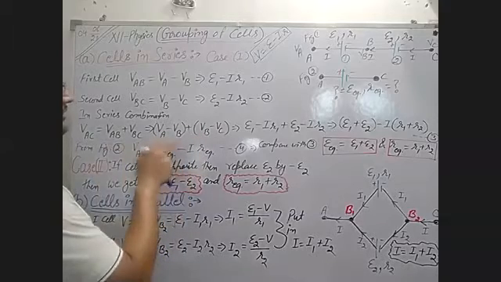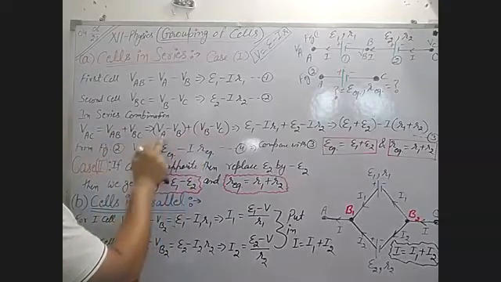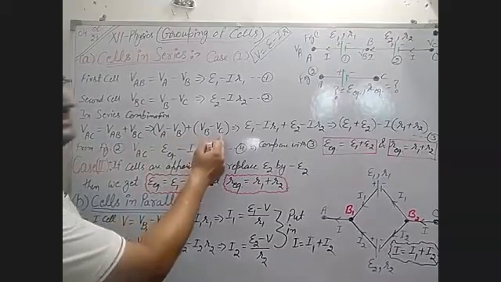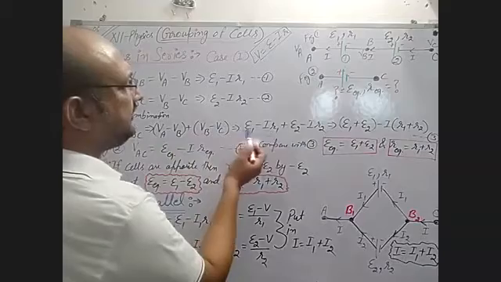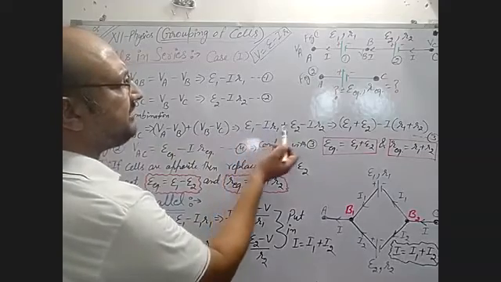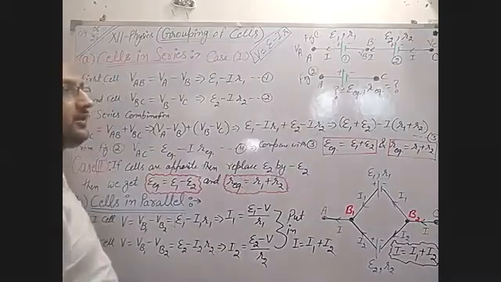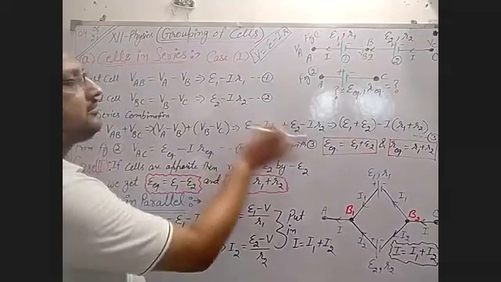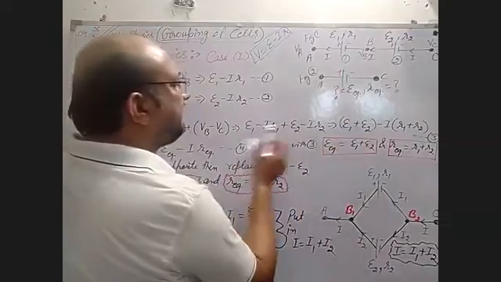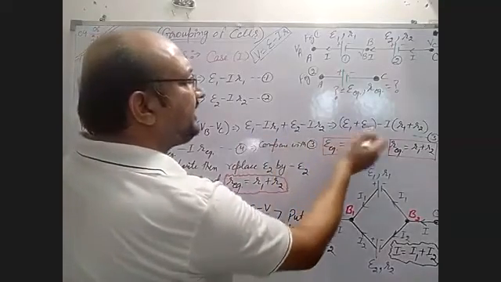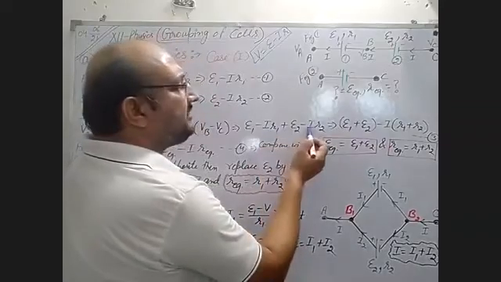Now put the values: E1 minus IR1 plus E2 minus IR2. Now arrange E1 and E2 in this order: E1 plus E2 written separately in the bracket, minus IR1 minus IR2.